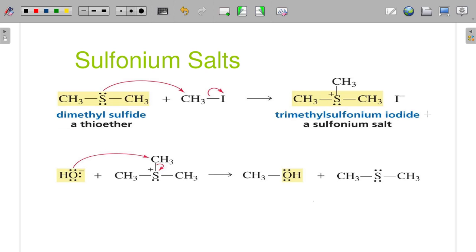Typically, that's what we end up doing because most thioethers stink. They have that little rotten egg smell, but if you make a sulfonium salt out of them, you lose that aroma. And if I want to turn a sulfonium salt back into a thioether, I really do just need to add a base to it. If I add a base like OH, I will make one of the groups on the sulfonium salt come off with the alcohol, and the other ones will actually stay on the thioether.